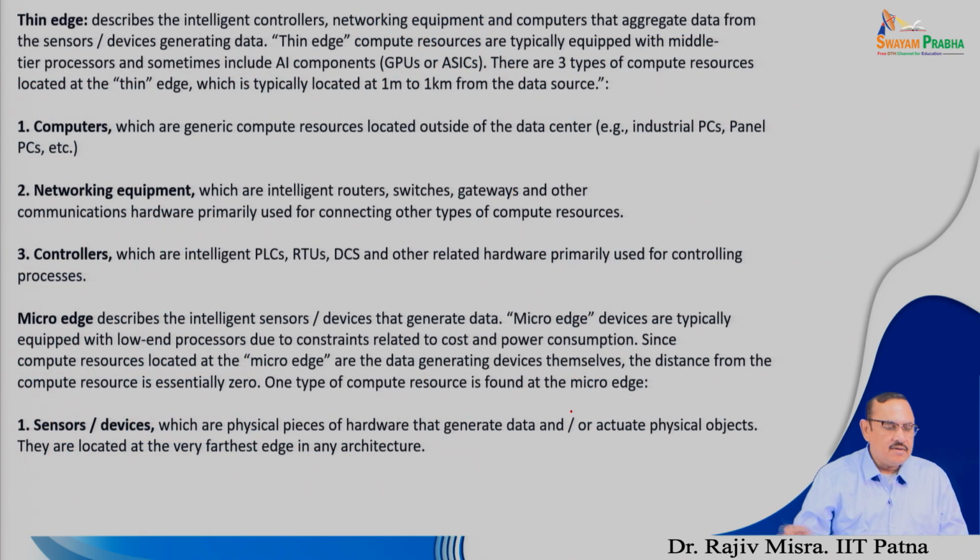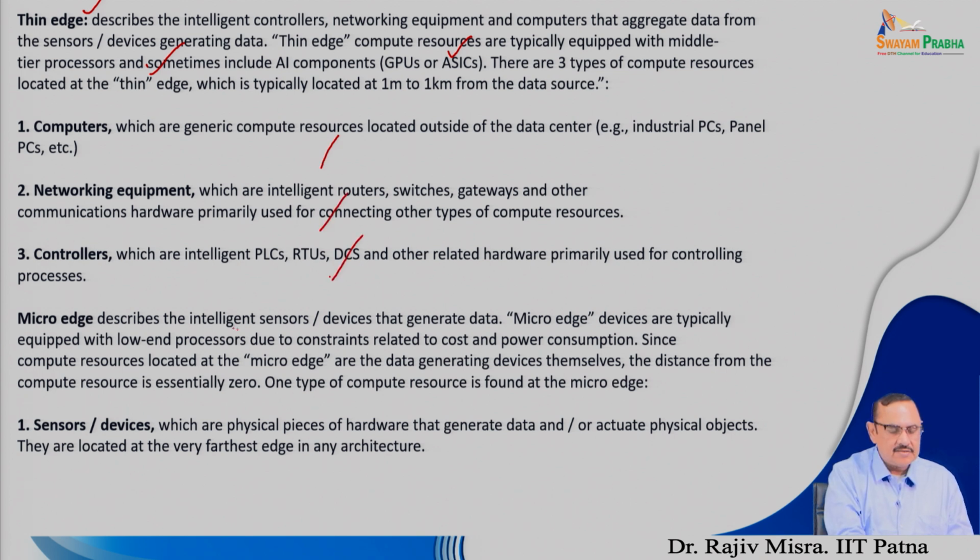Therefore, the thin edge describes the intelligent controllers, network equipments and computers that aggregate the data from the sensors. The thin edge compute resources are typically equipped with middle tier processors and sometimes AI components, and there are 3 types of compute resources located in the thin edge: computers, network equipments and controllers.